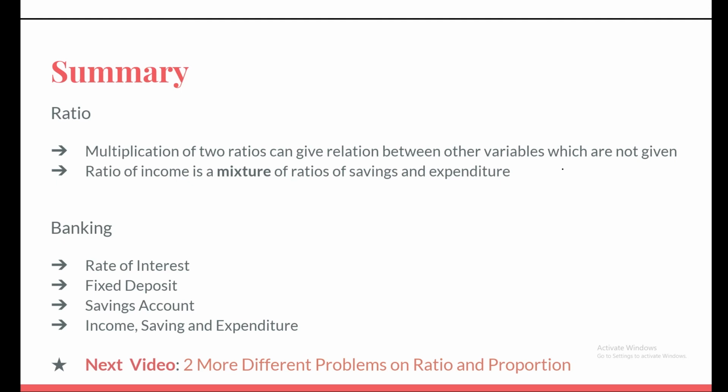The next point is the ratio of income is a mixture of ratios of savings and expenditure. Here we learned a concept of mixture where we can use the techniques of solving ratio related problems. I hope this will help. And in banking we have learned: rate of interest, fixed deposit, savings account, income, savings and expenditure.